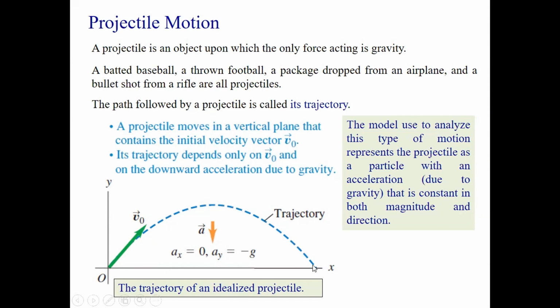Now we consider this model. This model can be a batted baseball. It can be a thrown football. It can be a package dropped from an aeroplane. It can be a bullet shot from a rifle, and many other cases all form projectiles.